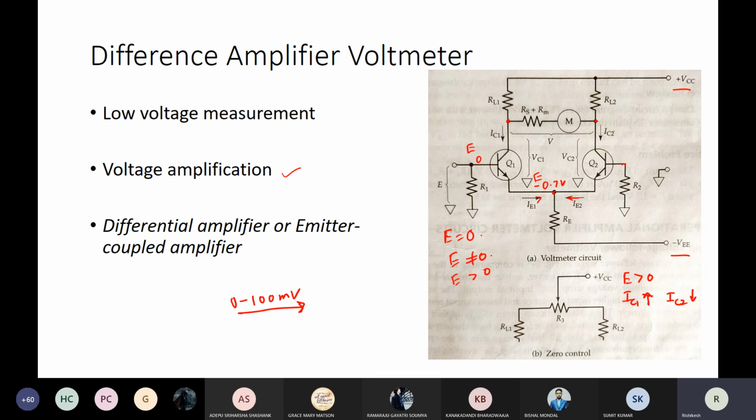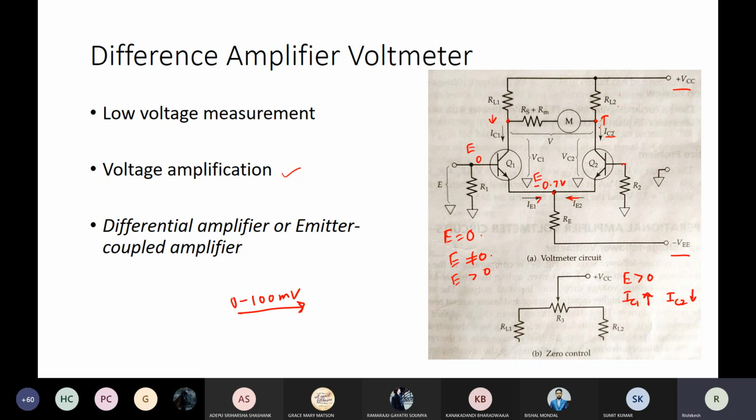Will it decrease or increase? It will decrease, because if IC1 increases, then RL1 will take more voltage. So the potential at this will decrease. And due to the decrease in IC2, the potential across RL2 will decrease, and the potential at this will increase.